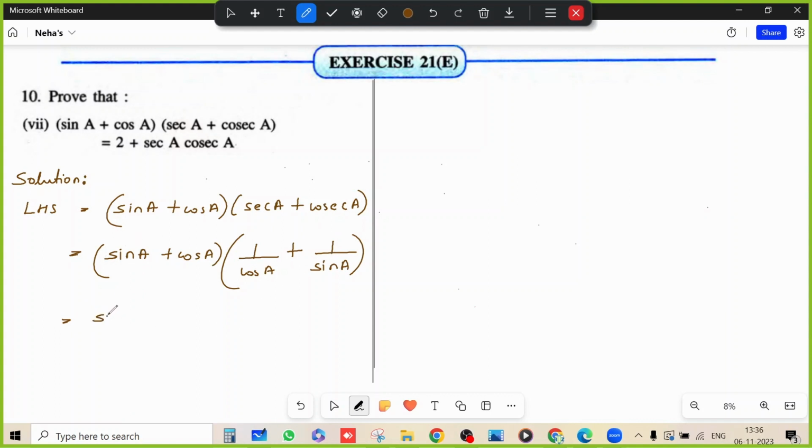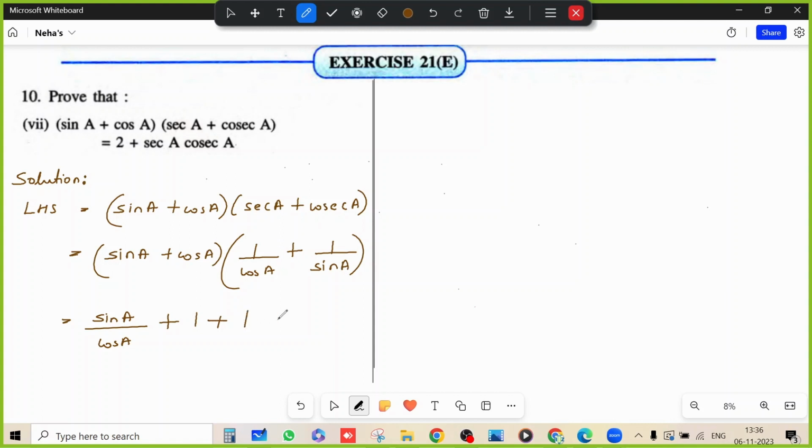Now we will multiply sin A with both the terms of the second bracket. So this will become sin A by cos A plus sin A into 1 by sin A will give us 1, as sin A and sin A will get cancelled out. Similarly, now we will multiply cos A with the terms of the second bracket.